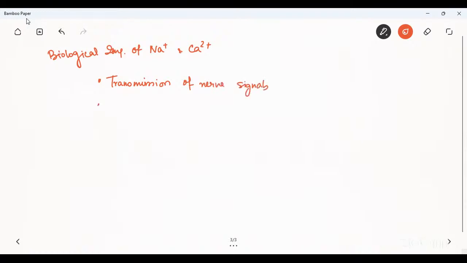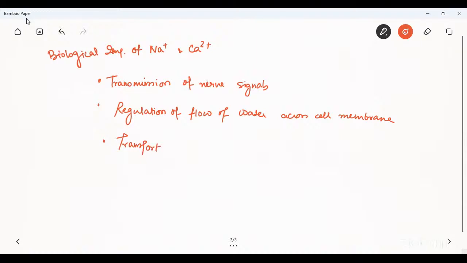Second is regulation of flow of water across the cell membrane. Third is transportation of sugars and amino acids into the cells.